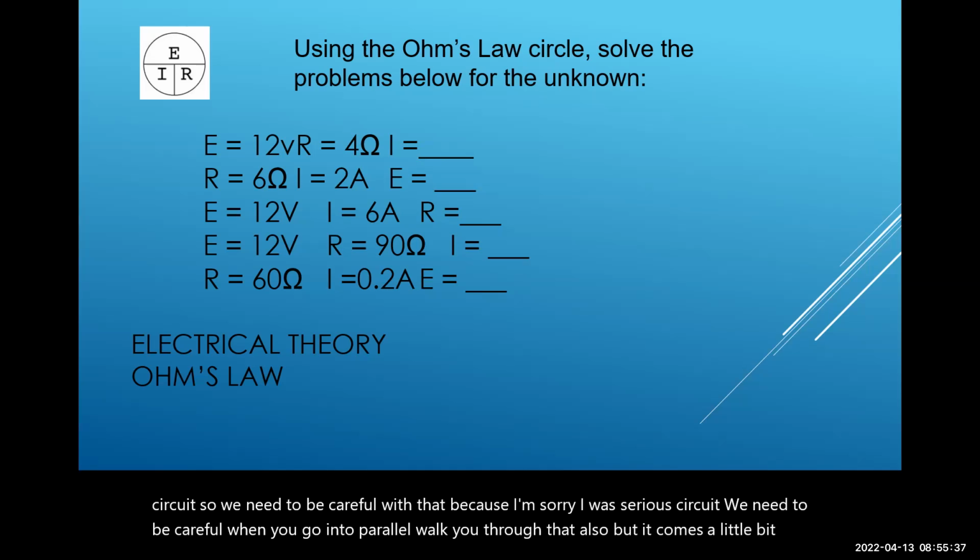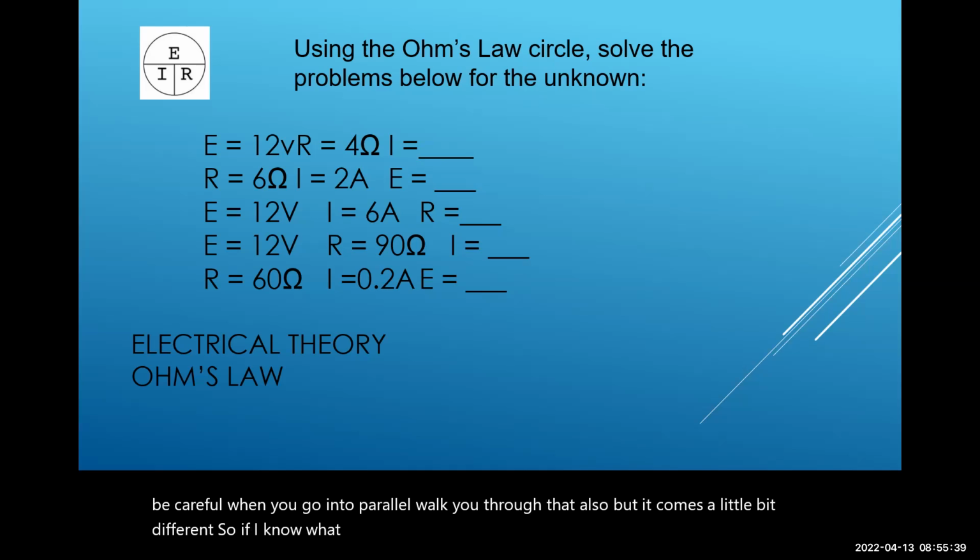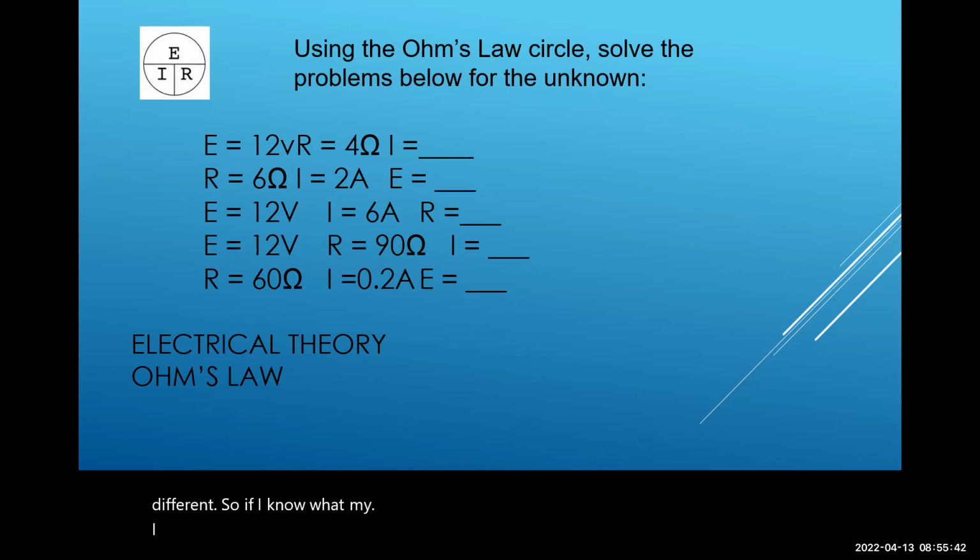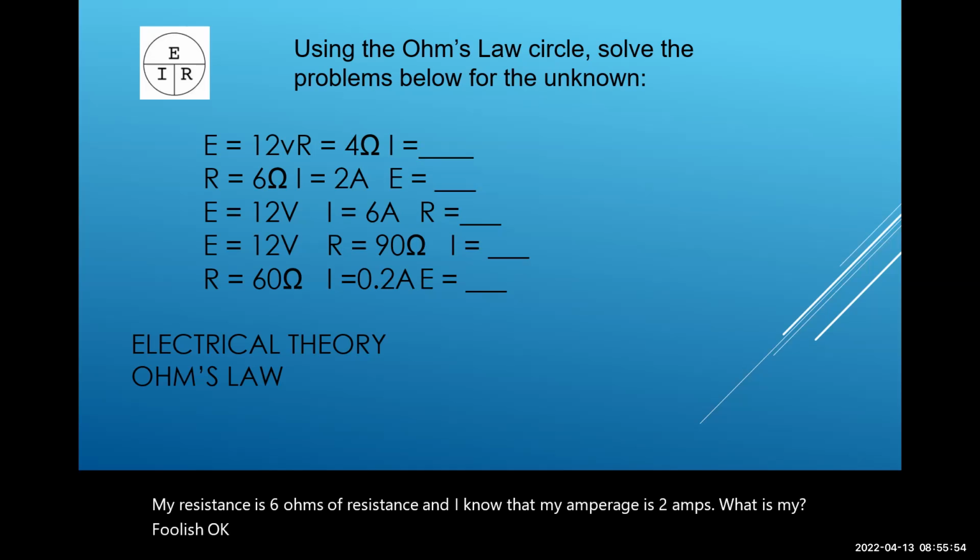So if I know my resistance is 6 ohms and I know that my amperage is 2 amps, what is my voltage? Remember, we have to go a different route now.